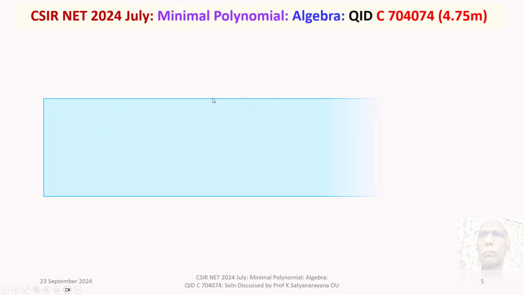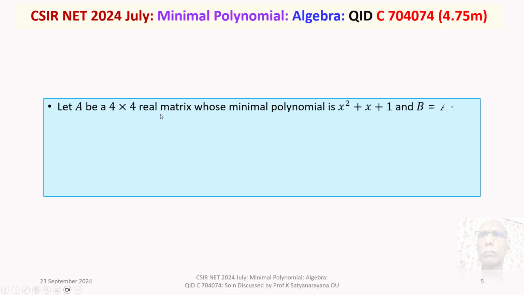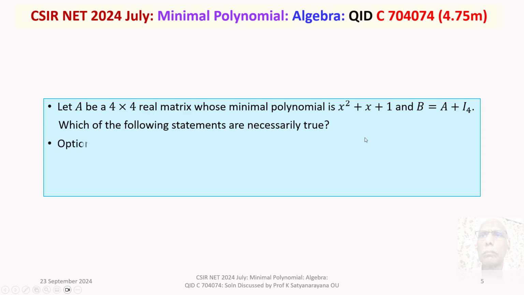The given question is: let A be a 4x4 real matrix whose minimal polynomial is x square plus x plus 1, and B is equal to A plus I4, the 4x4 identity matrix. Which of the following statements are necessarily true? We are given four options.